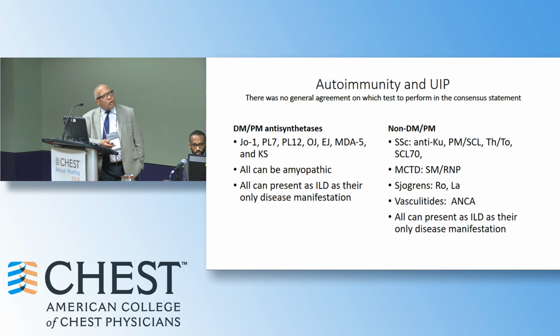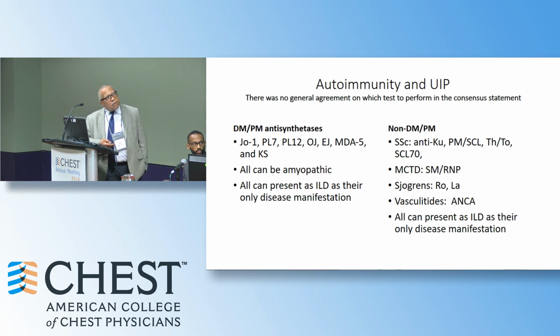In terms of autoimmunity and UIP, one of the things that came out of the most recent recommendations is that there was no general agreement on which tests to perform in that consensus statement. I think there is a recognition, at least, that this is an important category of diseases to look at, because the prognosis can be dramatically changed in most cases if it turns out that they have an autoimmune background to their disease. Looking for the antisynthetases, the most important are JO1, PL7, PL12, OJ, EJ.